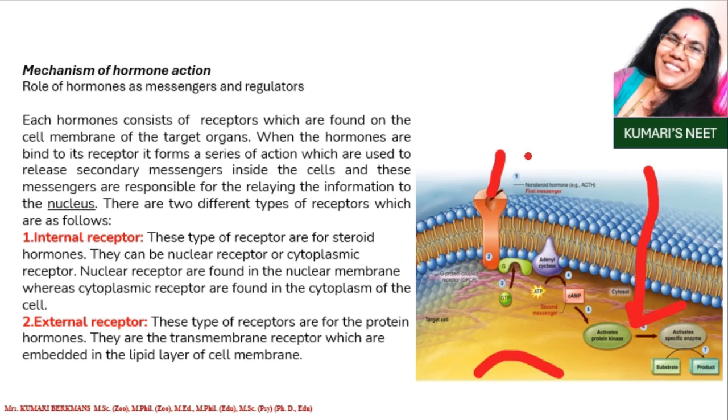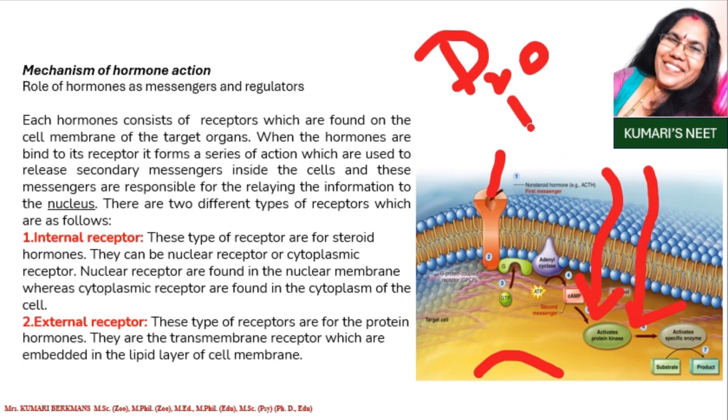I told you some hormones are water soluble, and those are called protein hormones. The protein hormone directly is unable to enter into the cell. Why? Because it is soluble only in water, isn't it? The cell membrane is made up of phospholipid, so it is lipid.